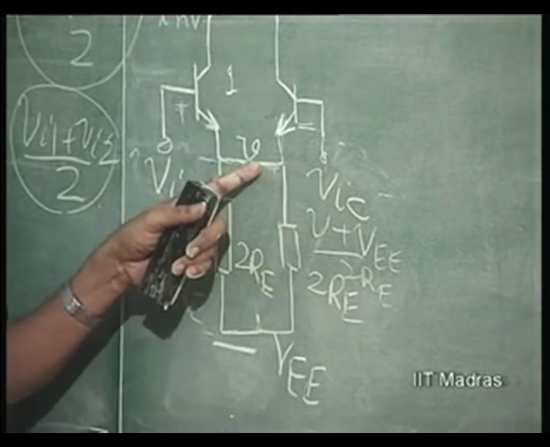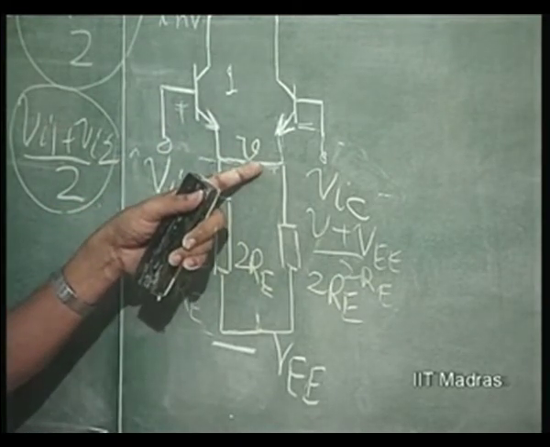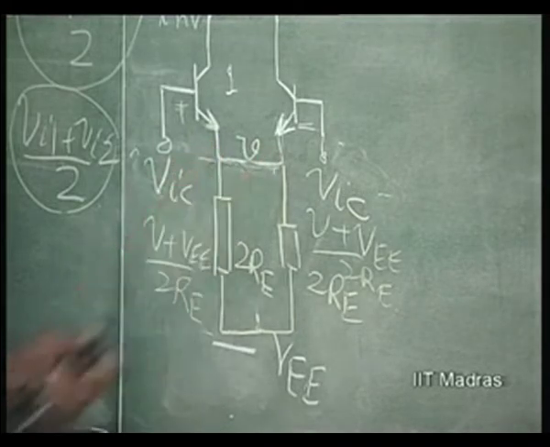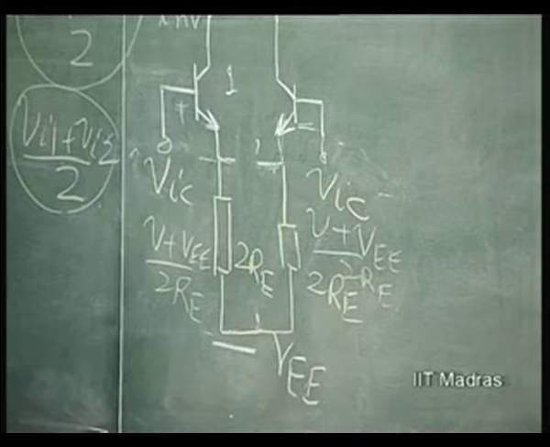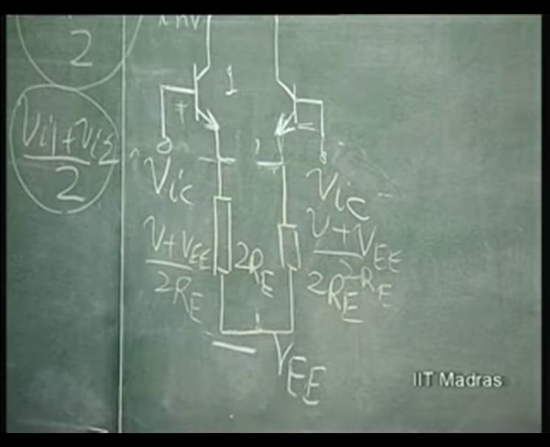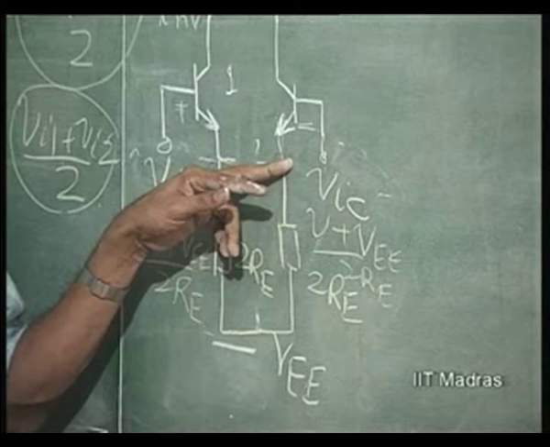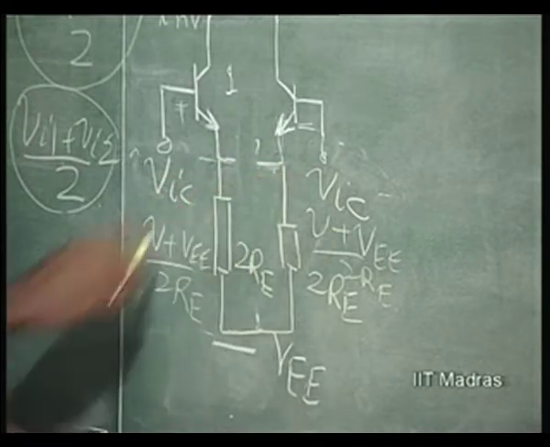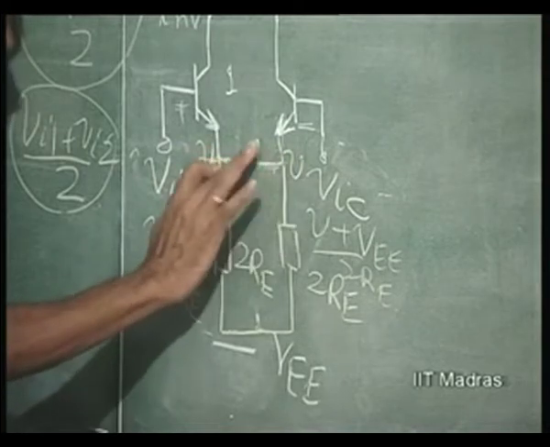There is no current in this, and the voltage across it is 0. So, I can keep it open or short. It does not make any difference. Kirchhoff's law is not violated. Have we understood this? Because the current in this is 0 and the two potentials are the same, I will therefore say this is V, this is V.